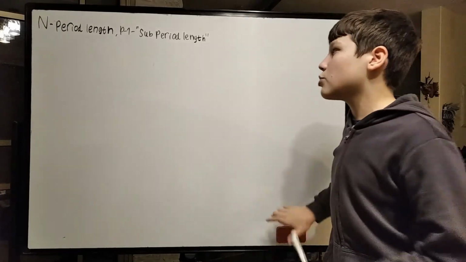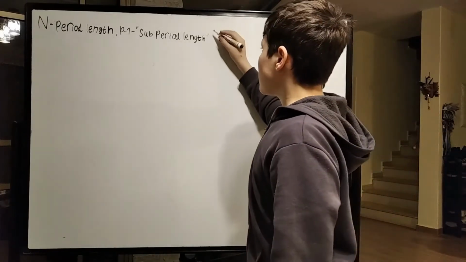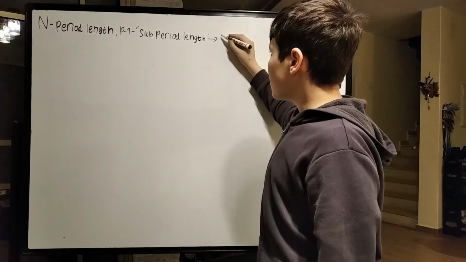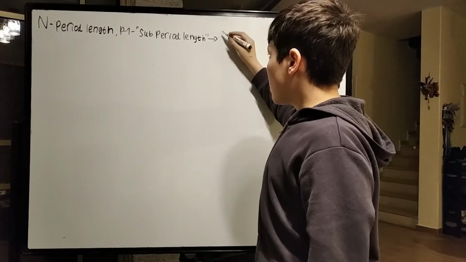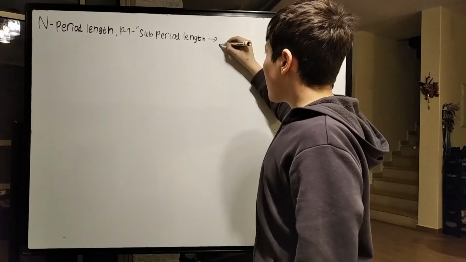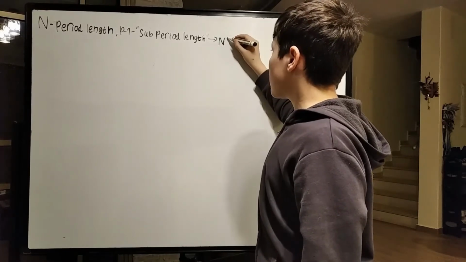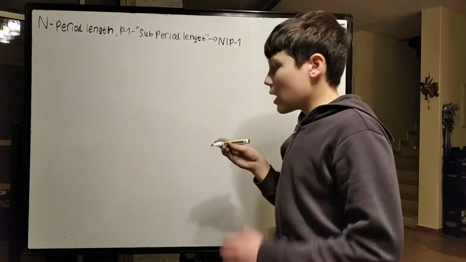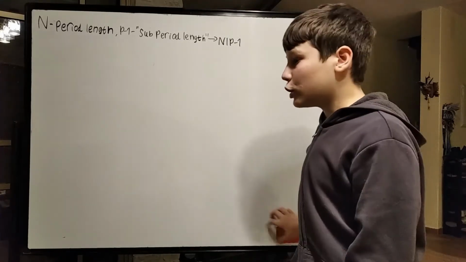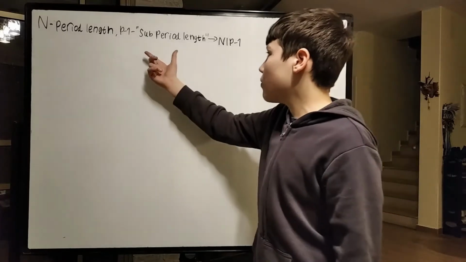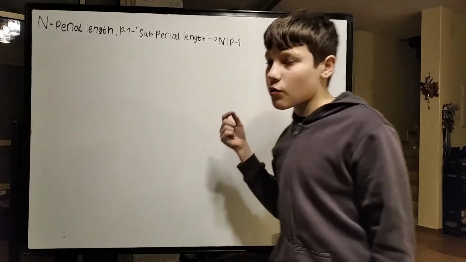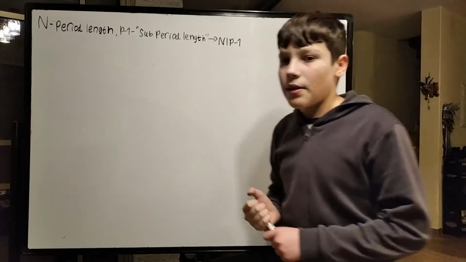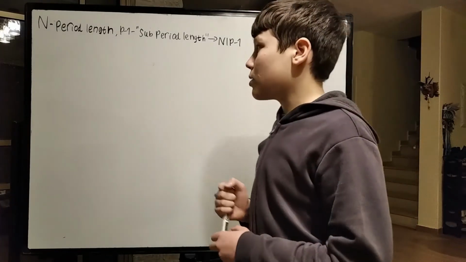Now we're going to show that this implies that we have N divides into P minus 1. Which means that we just have to prove that P minus 1 digits repeat, which will tell us that the period length divides into P minus 1.